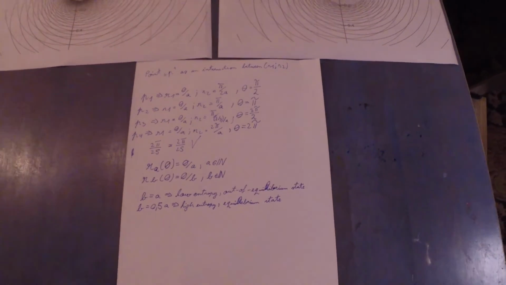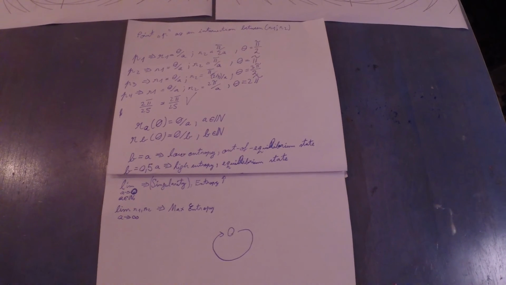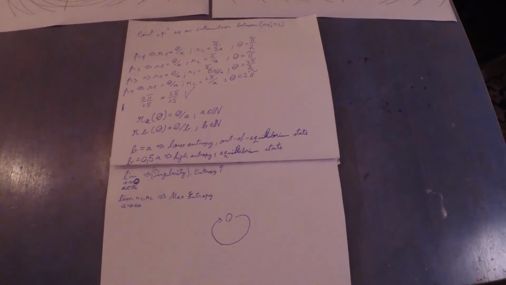So in this short video, I've combined entropy with polar functions. When a is 0, by dividing a number by 0 we get a singularity. Black holes can be defined as a singularity, or the Big Bang theory. But black holes are also objects with a huge amount of entropy.